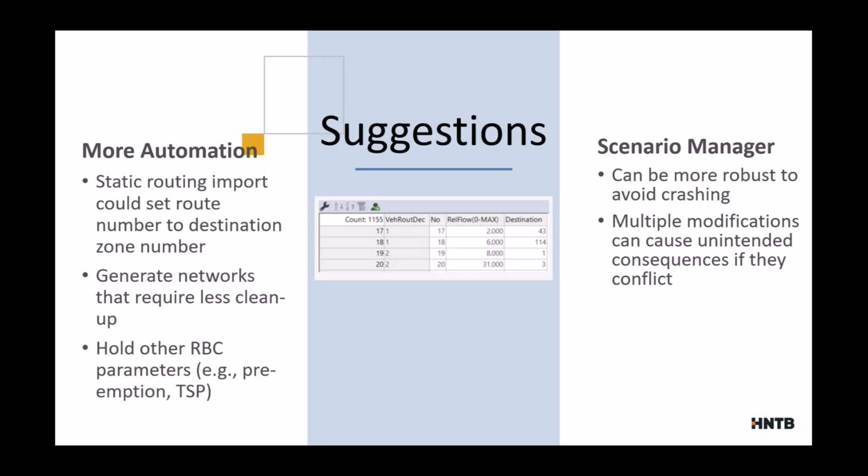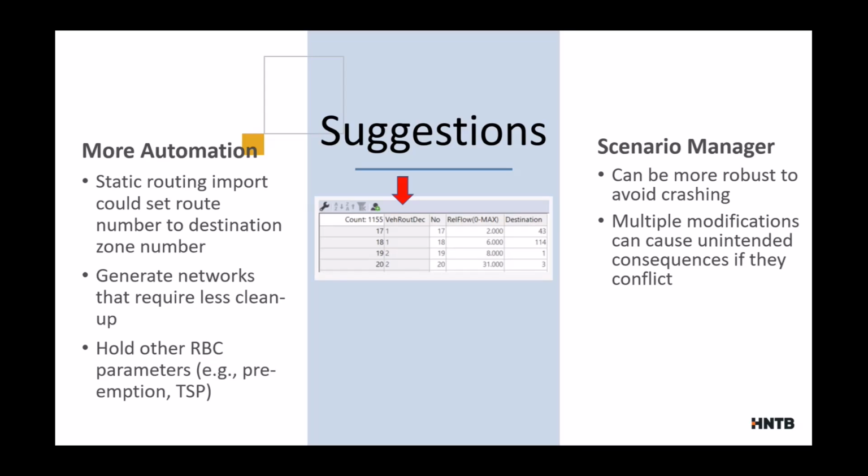And then in terms of some suggestions moving forward, under the more automation category, again going back to bringing in those routes from Vizoom into VisM, what we found is that when those routes are imported, your static vehicle routes are made up of a vehicle routing decision number and then a route number.